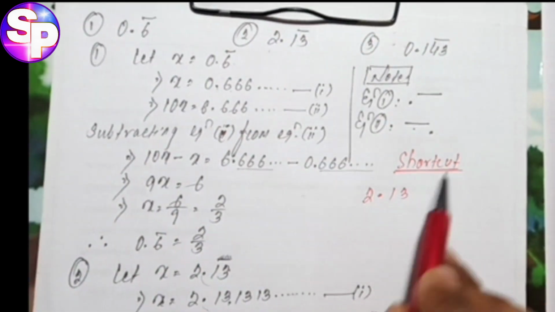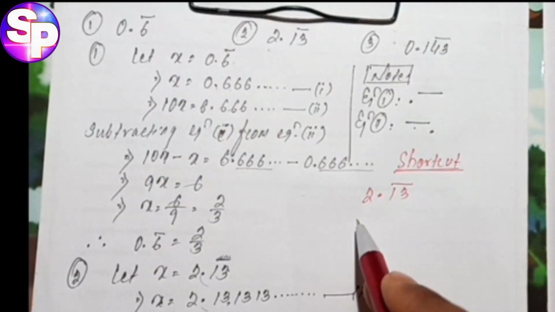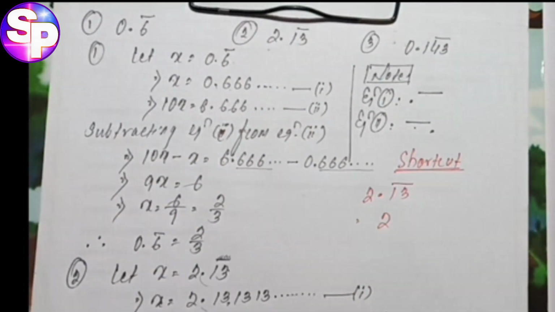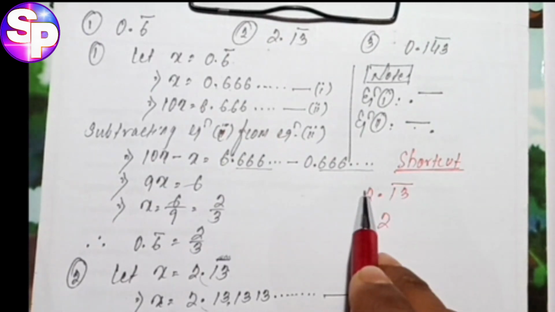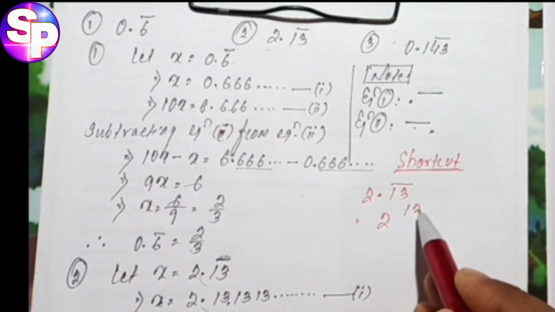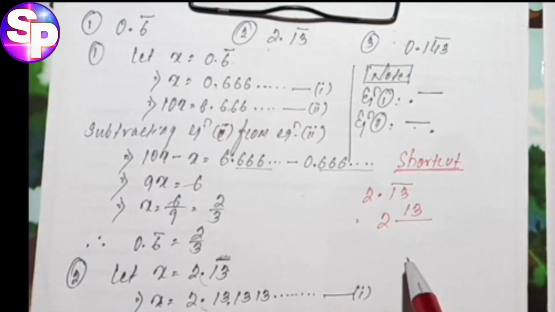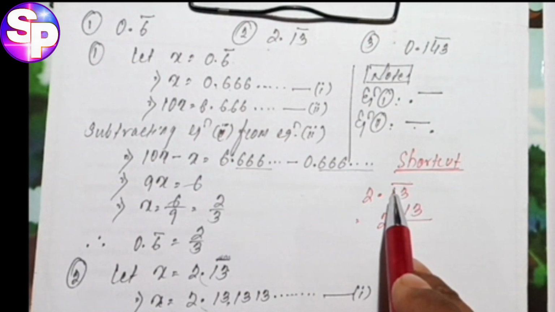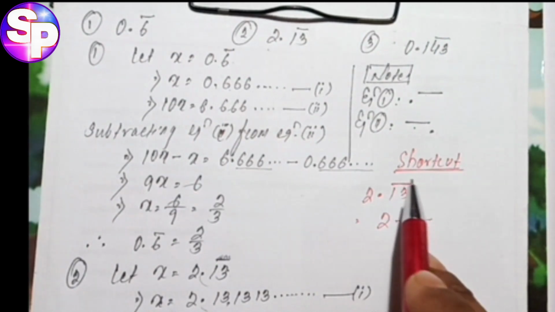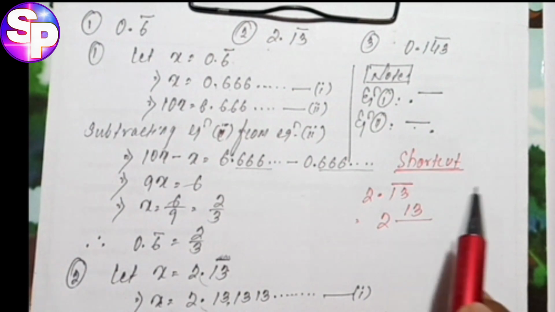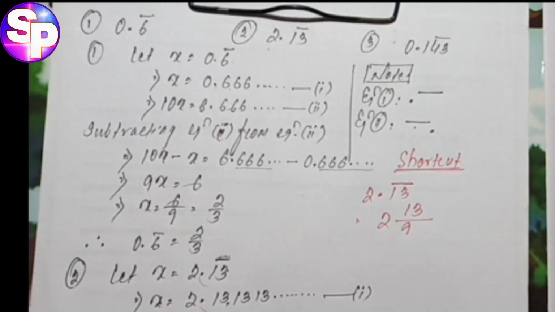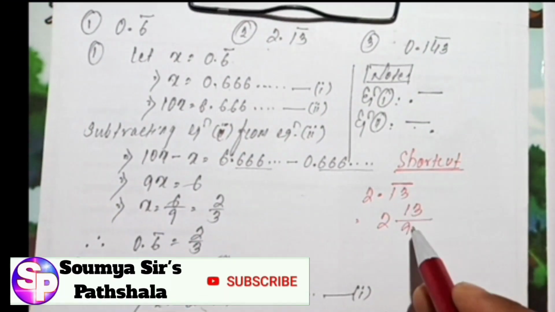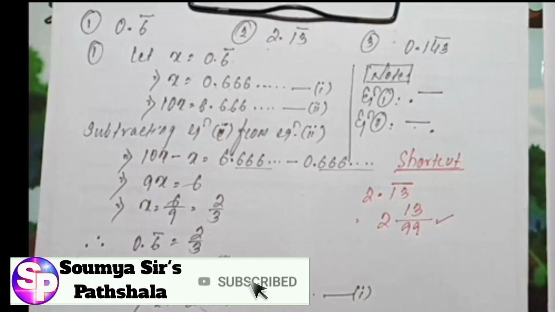So for 2.13 bar, for the whole number I would like to write 2 whole, then after that the decimal digits we need to write in the numerator, divided by, the trick is, how many digits are repeated after the decimal point. For each repeated decimal place, one 9 will be given, right? So here 2 places are repeated, so 2 nines are there. So this is the answer, 2 whole 13 by 99. So here also we got the same answer, right?